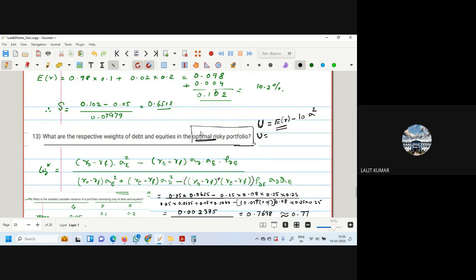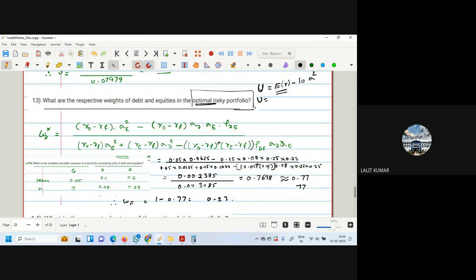There is a formula: W2 star is equal to RD minus RF into sigma of E square minus RE minus RF into sigma D, sigma E and your correlation coefficient, over the summation of the same terms, RD, RE, minus RD, RE into sigma D. So this is one formula, slightly complicated, that we have to find out.